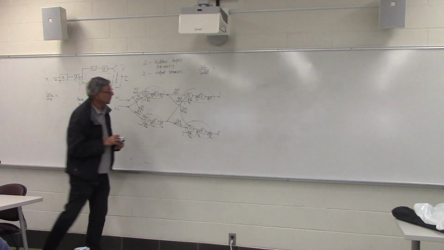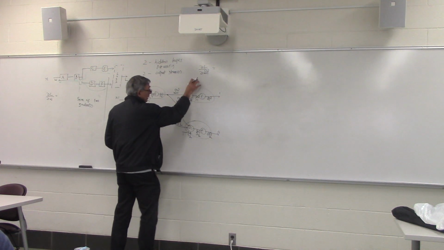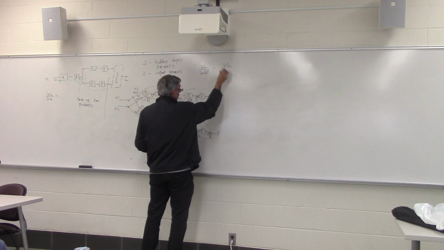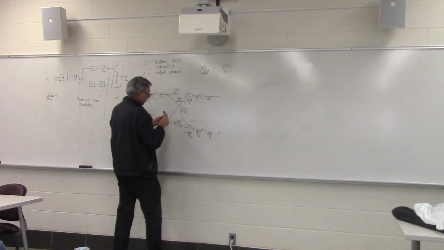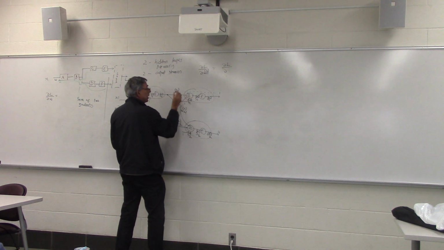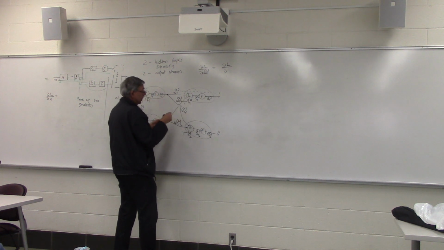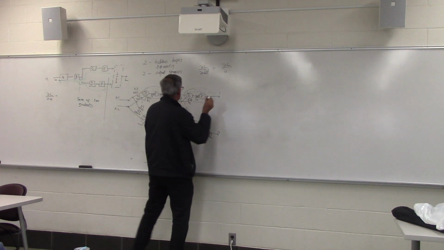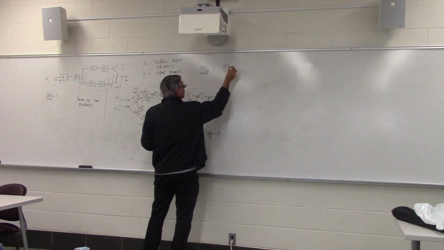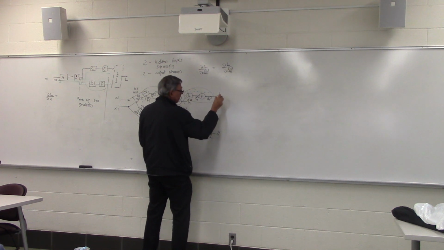Okay, so as you can see, this will be partial L with respect to partial W11 of 2. So again, draw the path. So the path is over here, right?